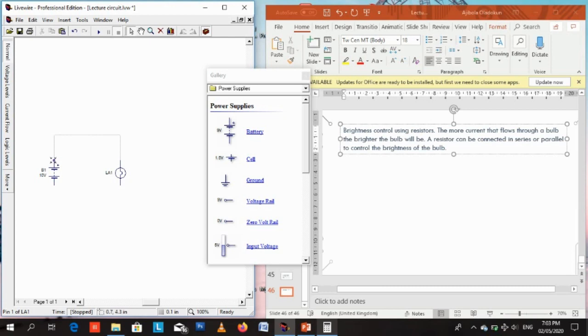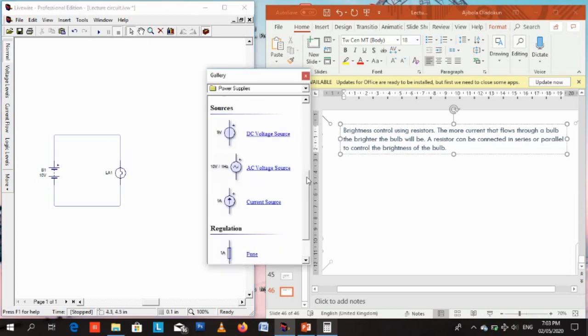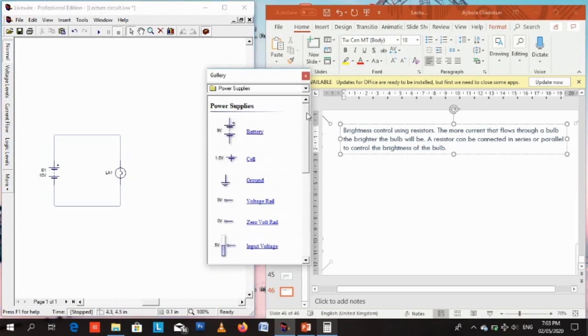Click and click, drag, click and click. So I've connected my bulb, my filament lamp or incandescent bulb, to my battery, and I'll need a resistor because I want to control the brightness.